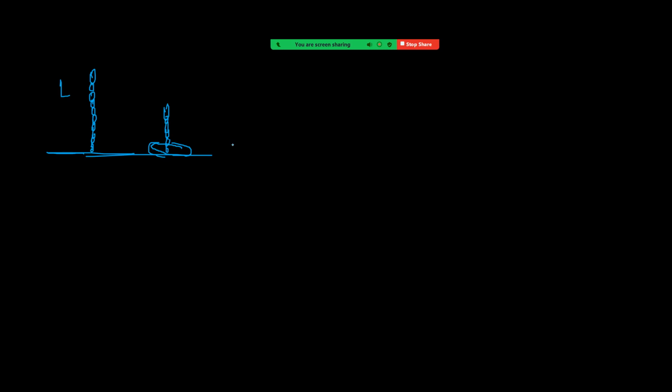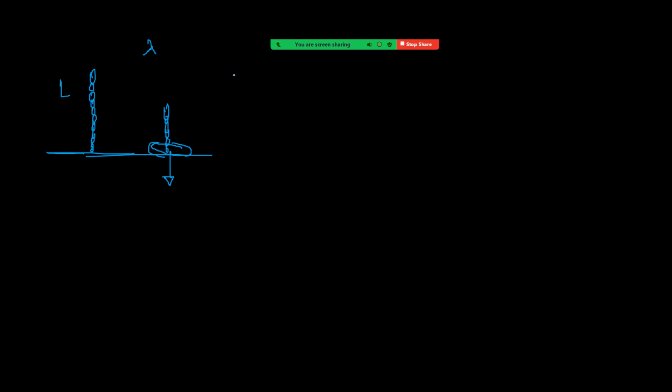How many forces are acting on the part of the chain on the table? First of all, its weight mg downwards. Let us take lambda as mass per unit length.